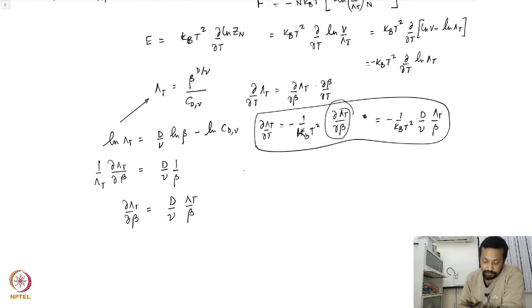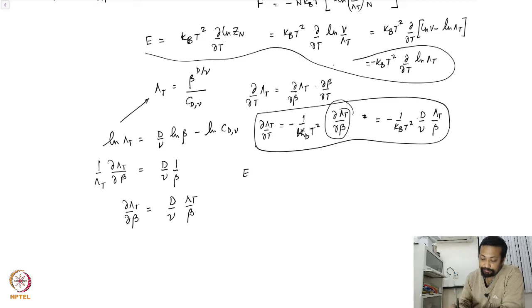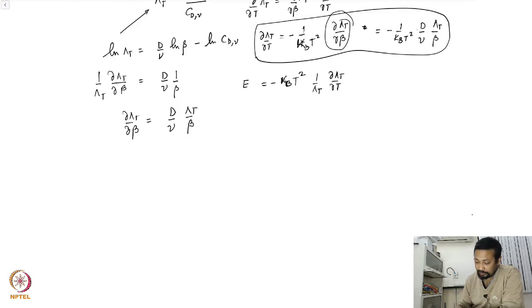Right? Let's go back to the energy expression which we had over here, and the final form was minus kB T squared del T of ln lambda t, which is 1 by lambda t del lambda t del T. Actually, we could have avoided all this exercise, just taken a derivative of T with respect to just this one, then life would have been simpler.